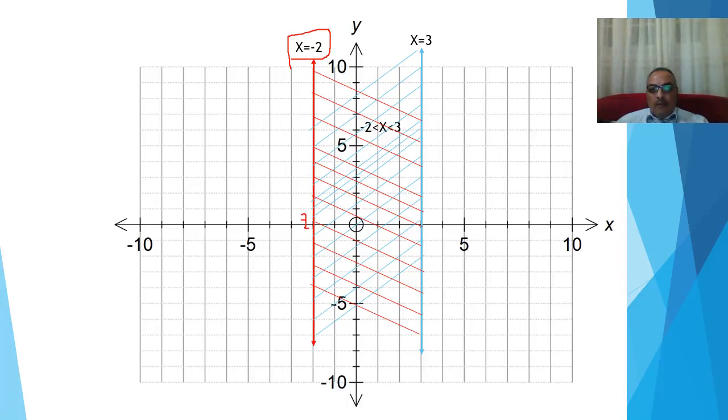And if we draw y equal 3, a horizontal line from 3. And this area is x bigger than -2 and less than or equal to 3. So x = -2 is a line, y = 3 is a line, and the inequality is a region or area, all points between -2 and 3.